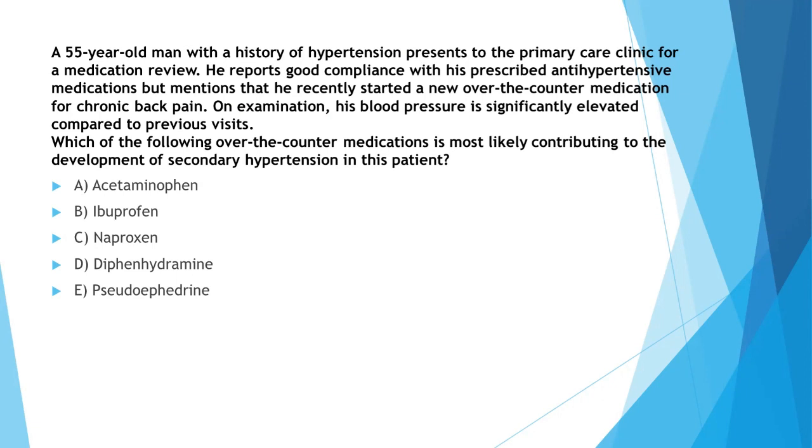On examination, his blood pressure is significantly elevated compared to previous visits. Which of the following over-the-counter medications is most likely contributing to the development of secondary hypertension in this patient? Acetaminophen, ibuprofen, naproxen, diphenhydramine, or pseudoephedrine. Now just pause the video and think what the answer is.